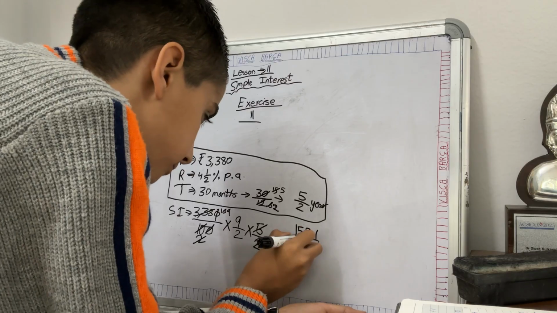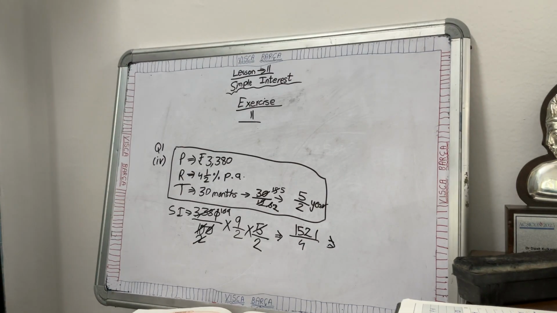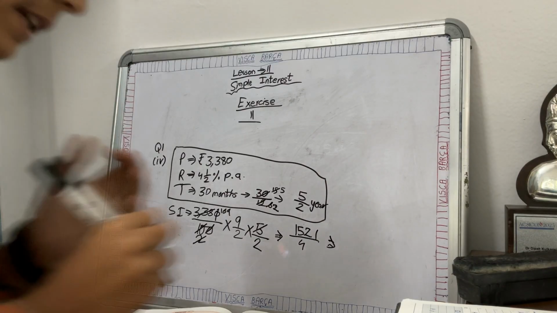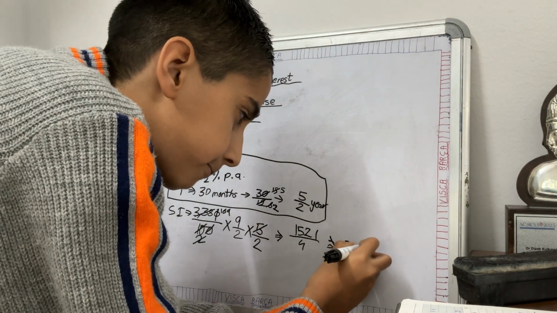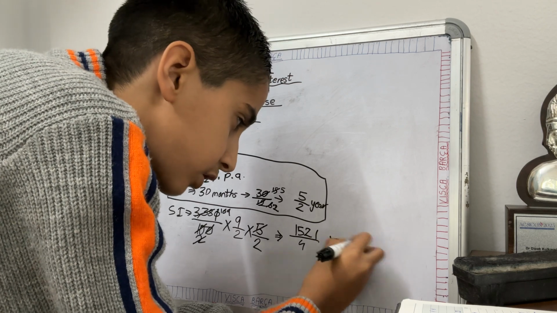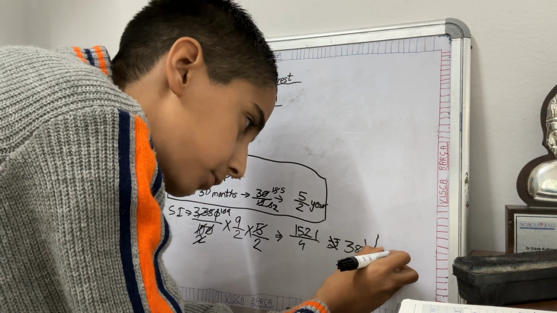Now we will convert it into a mixed fraction. So it is 38 1 by 4 rupees, or we can also write it as 38.25 rupees.